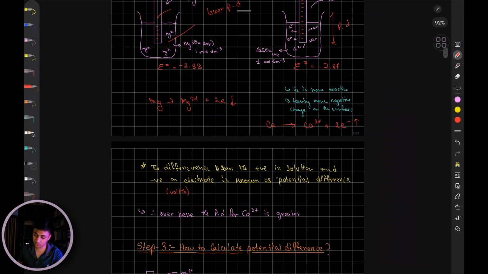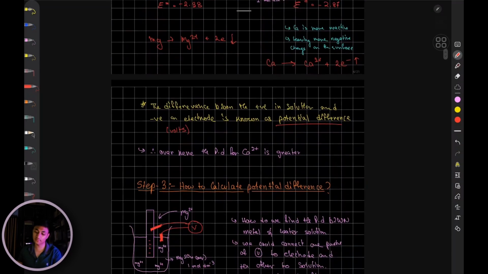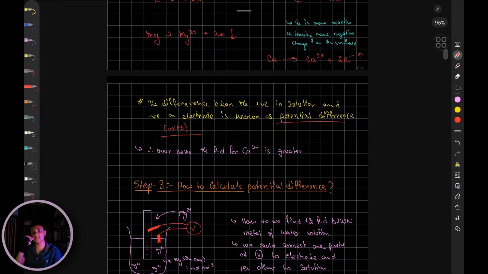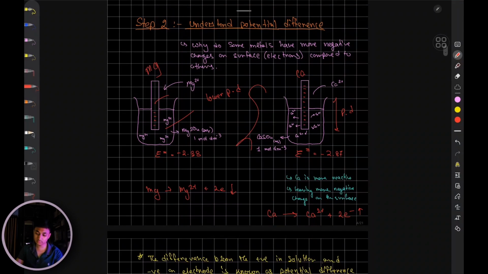So the difference between the positive charge in the solution and the negative charge on the electrode is known as the potential difference, and it is measured in volts. As mentioned, the potential difference between the calcium electrode and the solution is greater, which is why it has a more negative electrode potential.